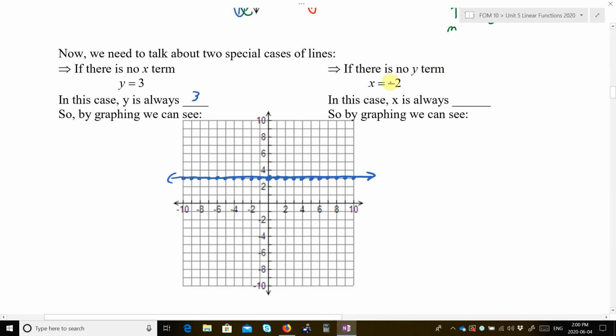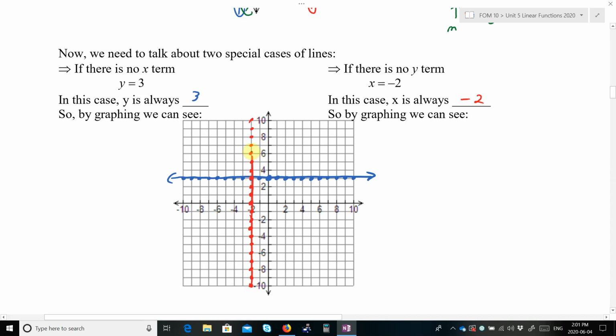If there's no y term, x equals -2. In this case, x is always -2. So by graphing, we can see if the x coordinate is always -2, this is how I would say it. The x coordinate is always -2, regardless of what y does.